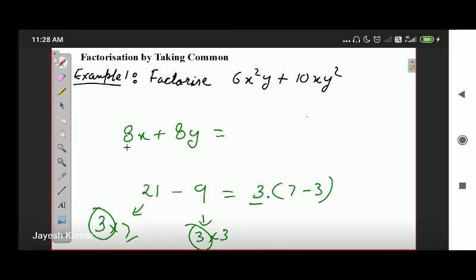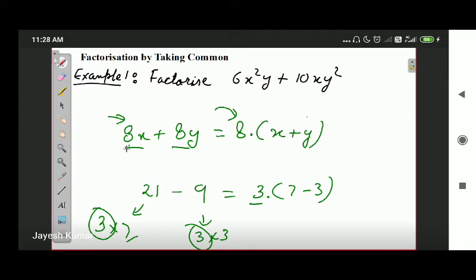Out of 8x and 8y, I can take 8 as common. The remaining part I put in the bracket. This is what factorization is. Originally, the polynomial was in the form of addition. I change the shape of the polynomial, I change the face of the polynomial into the form of multiplication. Now it is multiplication of two terms.